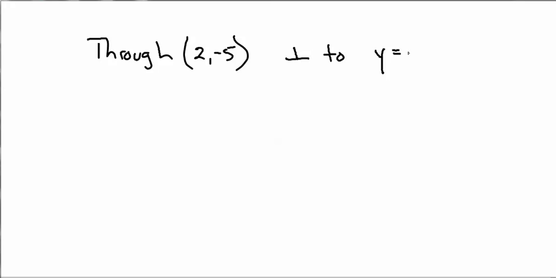Finally, you're going to be asked to write the equation of a line that goes through 2, negative 5, and perpendicular to y equals negative 3x minus 7. It's the same concept as the parallel lines, but you've got to change the slopes. So you're going to say that y plus 5 is equal to, what's the slope of the new line got to be?